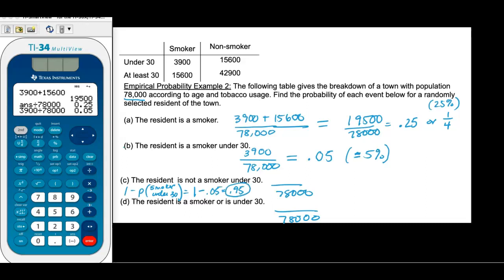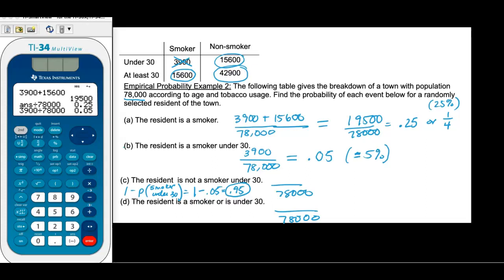If you wanted to look through the table and find the numbers that apply, we could also do that too. So if we want a non-smoker and then under 30, well, then we'll circle those numbers. So we circle basically any number that's not the 3,900, because that represents the smokers under 30. So all the other numbers represent other things, like a smoker that's at least 30, or a non-smoker under 30, or a non-smoker that's at least 30.